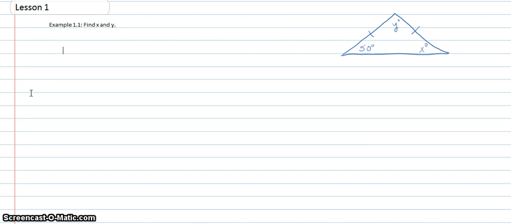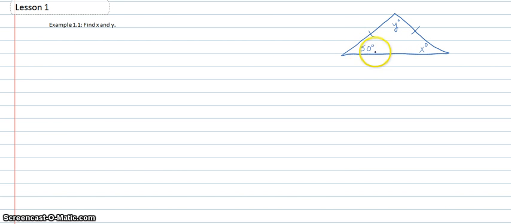In the first example in lesson 1, we're given a triangle with two angles missing, x and y. Now we notice these little tick marks, and what they mean is that those two sides have equal length. If they have an equal length, then the angle across from them would be the same angle.